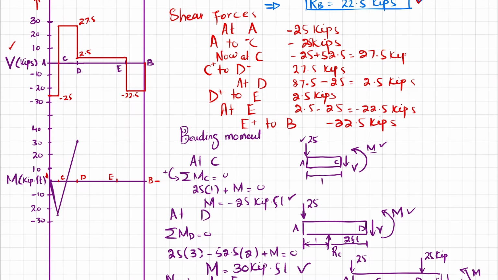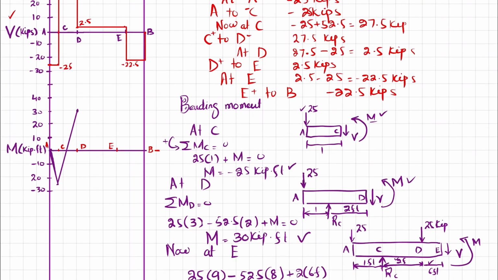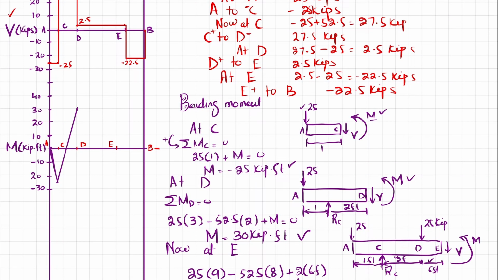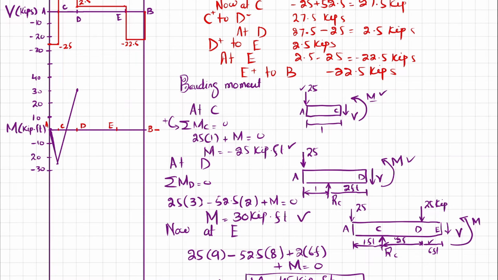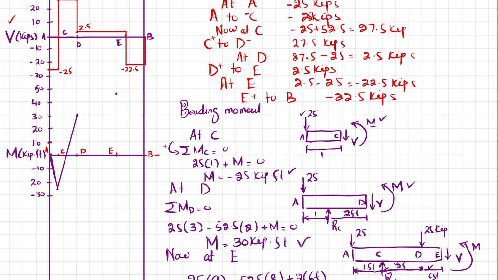Now at point E we have a moment of 45 kips, so we will move toward 45, which will be here because this is 40 and this will be 50, and again this will be a line of 1 degree.